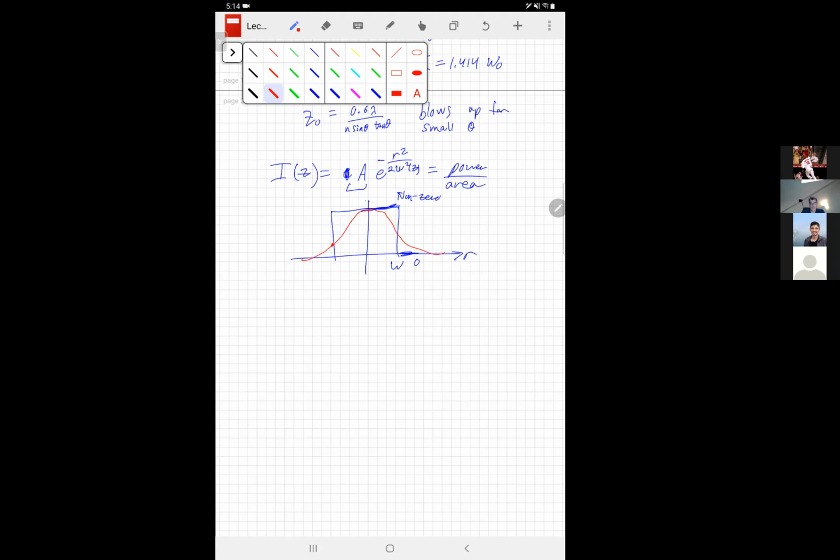And we define the edge to be where the intensity is sometimes 1 over E, sometimes 1 over E squared. You know what?